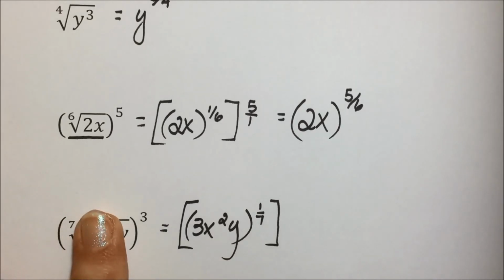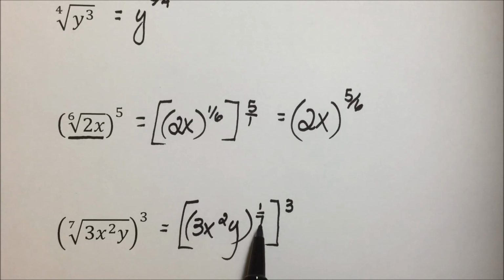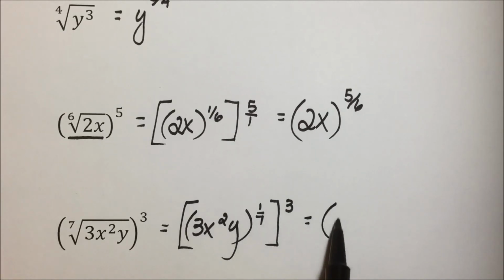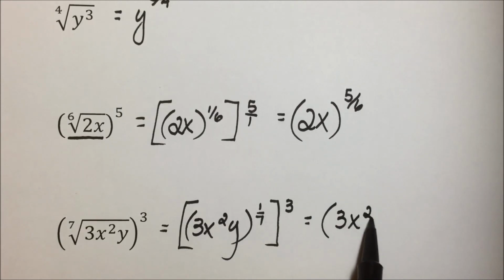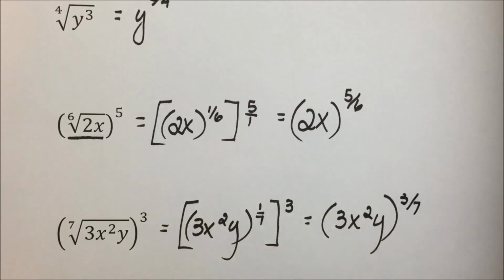And then looking further, that quantity is raised to the 3rd power. When we have a power raised to a power, we multiply our exponents together. 1/7 times 3 leaves us with the quantity 3x squared y to the 3/7 power.